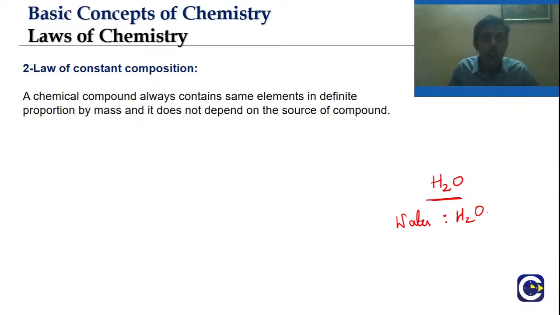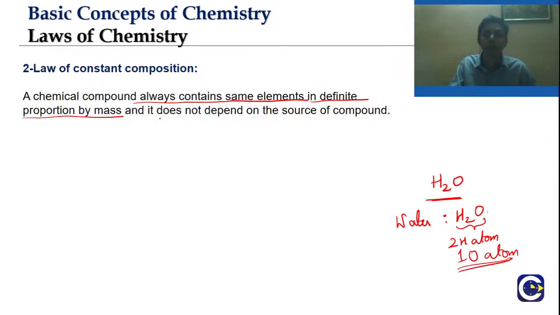Every molecule will have a definite composition of atoms. So water means 2 hydrogen atoms and 1 oxygen atom. So that will give me a water molecule, isn't it? A chemical compound always contains the same elements in definite proportion by mass.